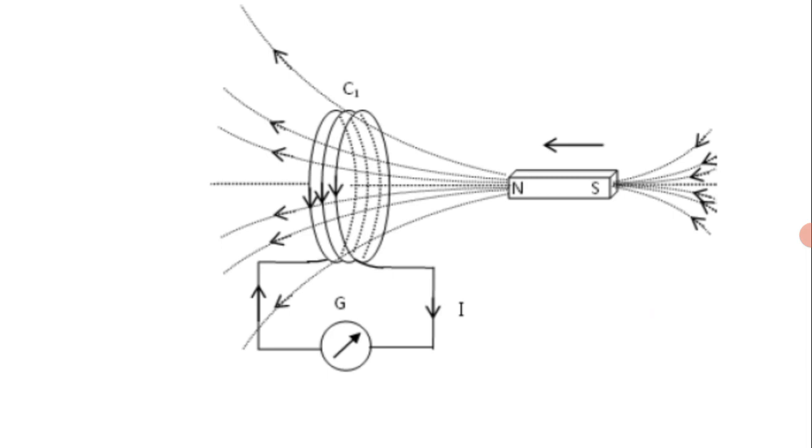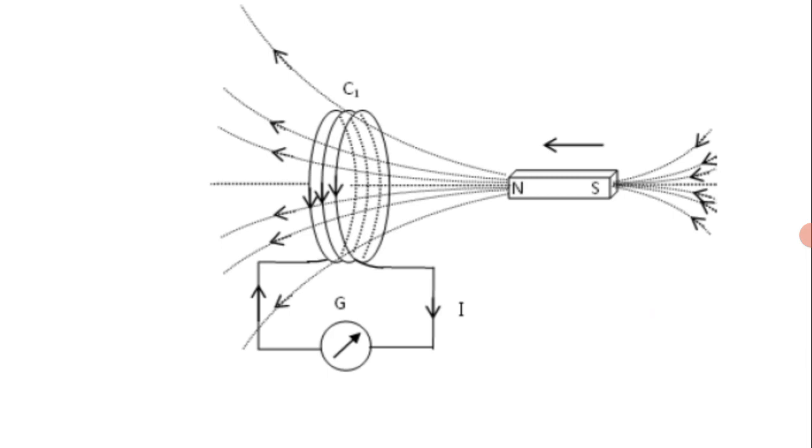Here there is a magnet. That gives the magnetic field. When the magnetic field links with this coil, we are getting the flux. The flux is field area into cos theta. So now flux is linked with the coil.